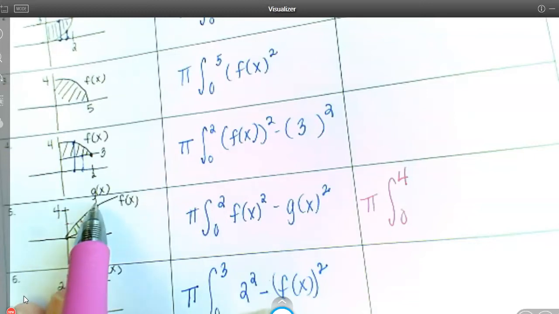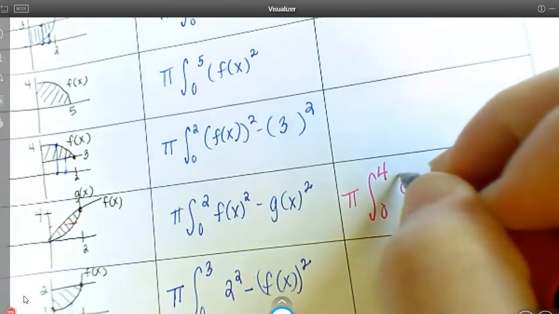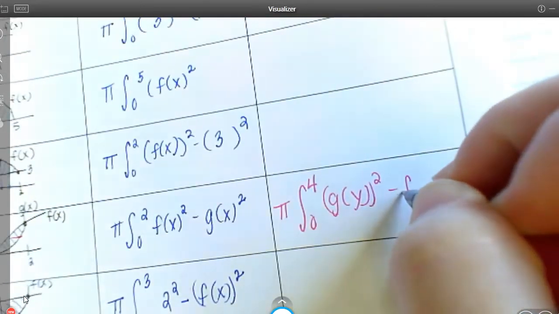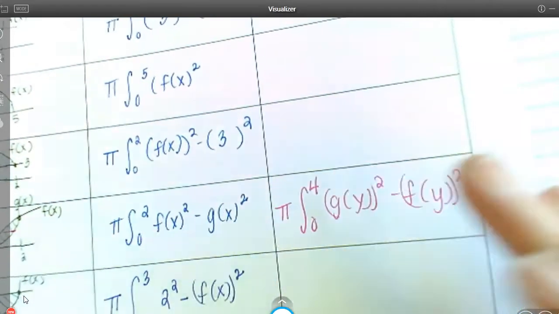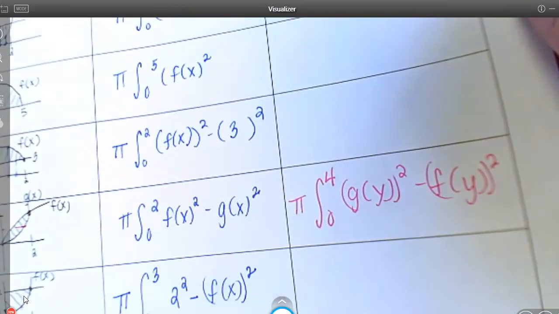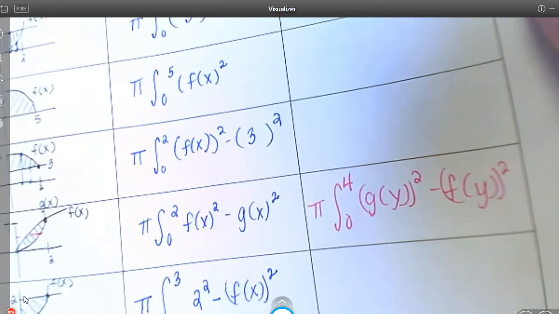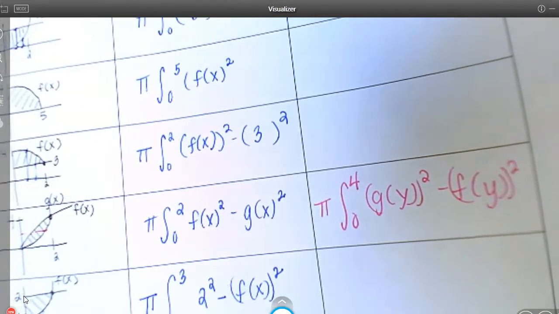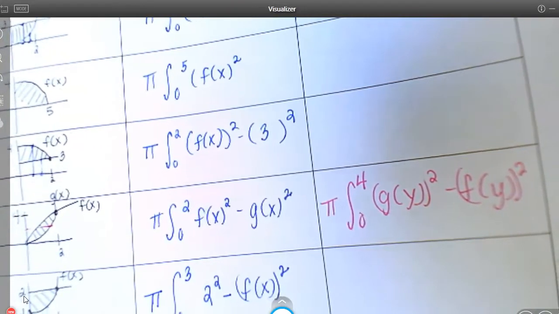And so it matters that g of x is farthest on the y. So g of x comes first, or really g of y, and then f of y. So again, it matters, and it could be different from what it was going around the x-axis. The one that's furthest away from what you're rotating around is the one that you start with.